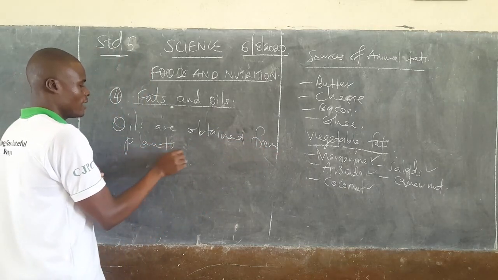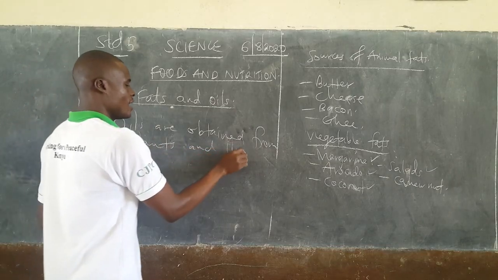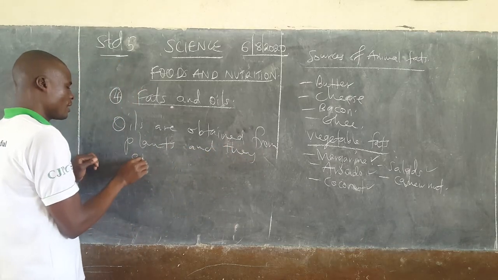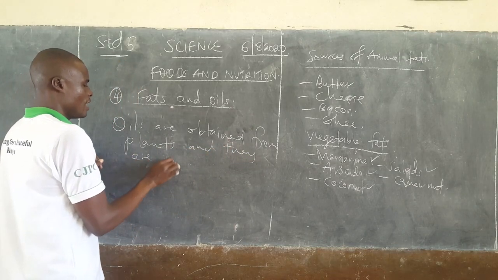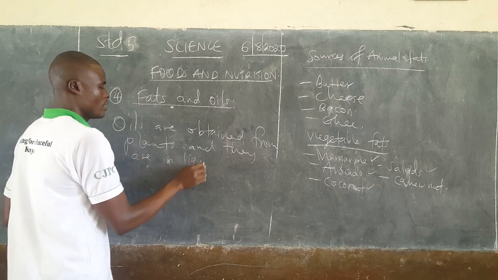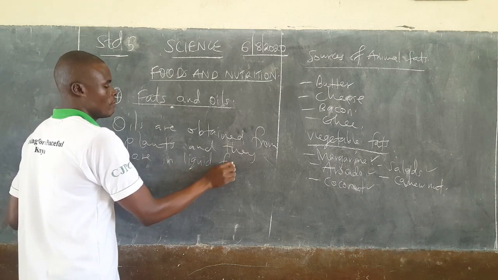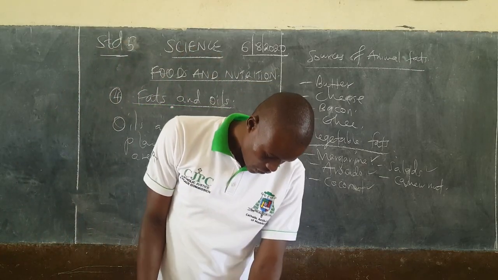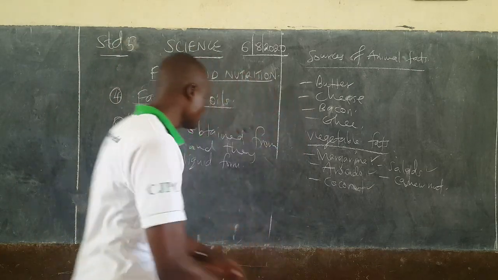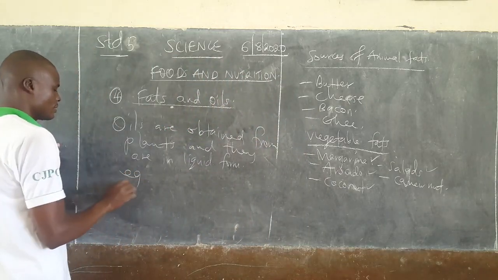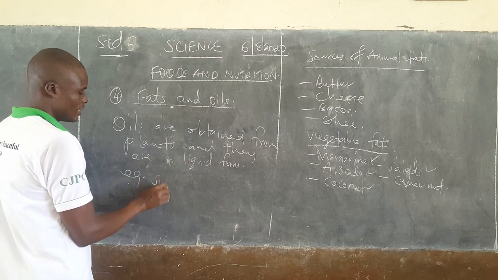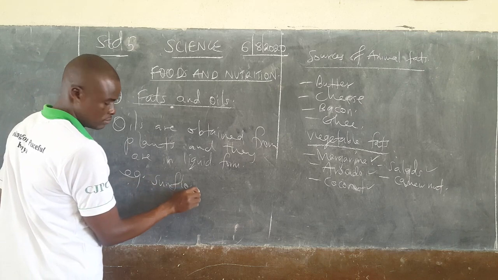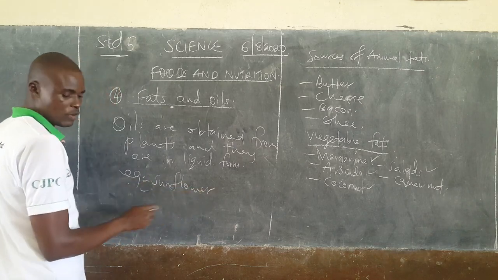We obtain them from plants, and they are in liquid form, all of them. So we are going to mention the examples. Number one, we have sunflower. The first one. Number two.